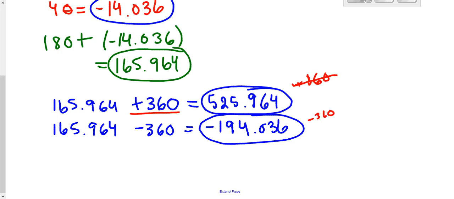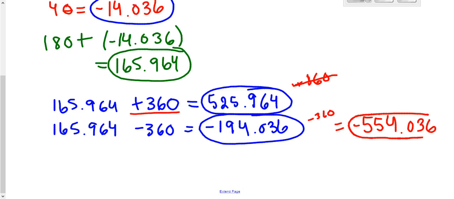When we do that, we actually do get an answer that is plausible. So if we subtract 360 again, you get negative 554.036, which is indeed in our interval, but we cannot subtract 360 again after that. So those are the two answers that can come from that line.